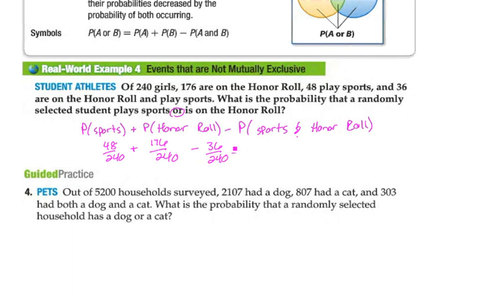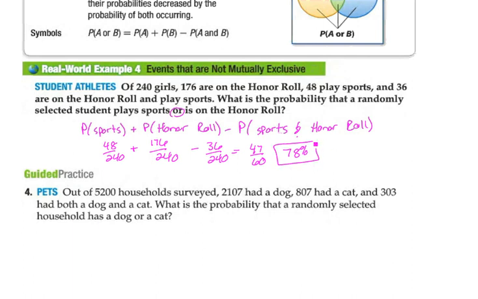Okay, that does simplify down to 47 out of 60 using your handy dandy calculator, which is about a 78% chance that a student plays sports or is on the honor roll. Okay, again, this is not mutually exclusive because we did have to subtract that overlap.